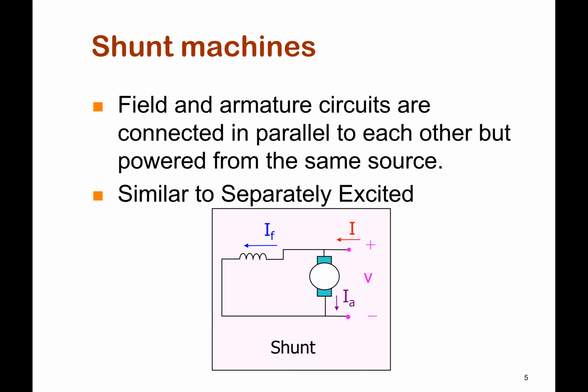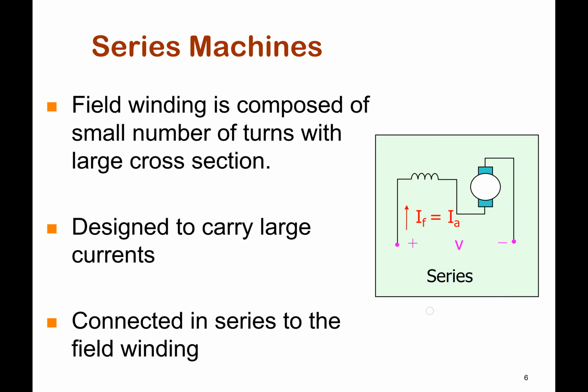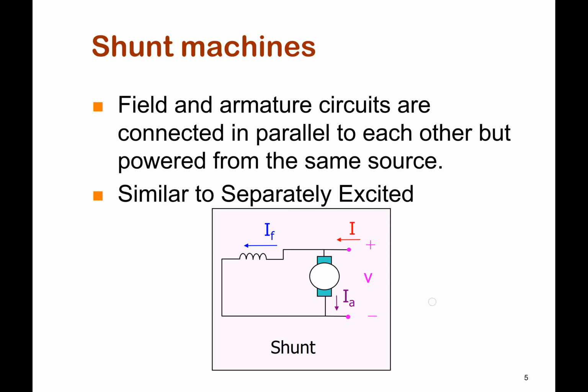It would be exactly the same as a separately excited, as a shunt machine, sorry. One of the important things here is that the field must be able to take the full rated voltage of the machine. So when you design a shunt machine, make sure the insulation and so on can withstand the voltage levels that you're going to apply to the machine.